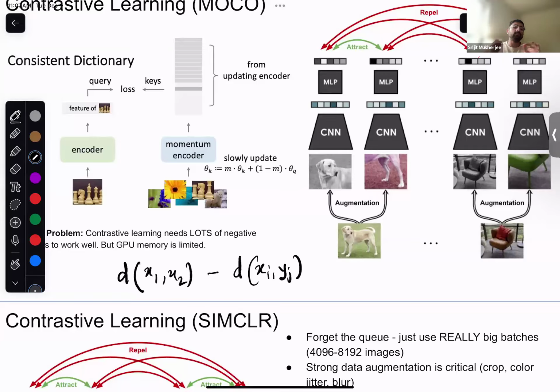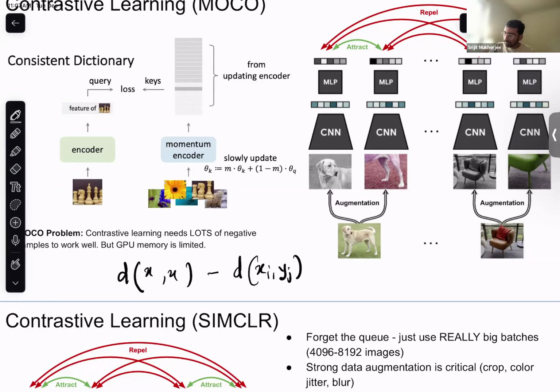Here x and y are two different images, and xi and xi dash are two different augmentations of the same image x. We want to reduce the distance between augmentations of the same image, and increase the distance between augmentations of two different images x and y.